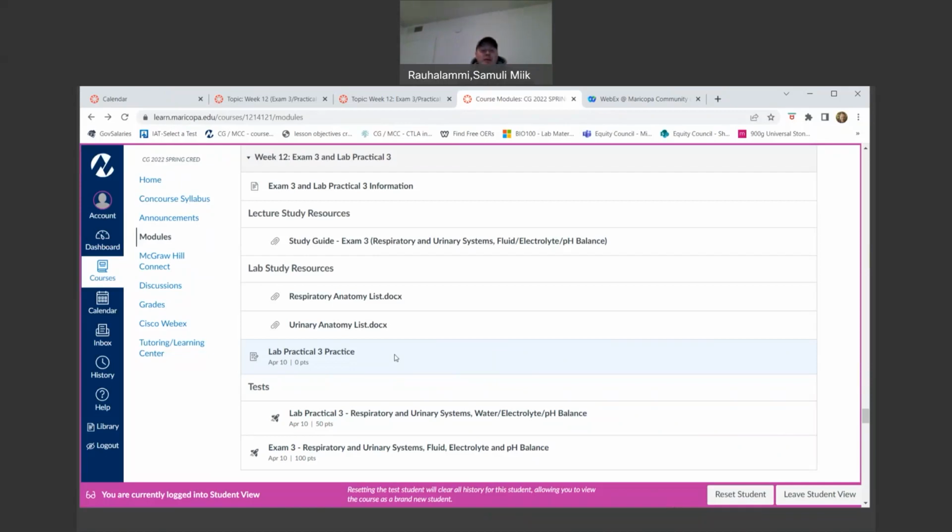When you're preparing for the lab practical, remember that we covered 3 chapters this week for this exam. We covered the respiratory system, so there's going to be anatomy in there. We covered the urinary system, so there's going to be anatomy there, but we also covered the chapter that was kind of an extension of the concepts we've seen with urinary system physiology, extending it to the whole body level.